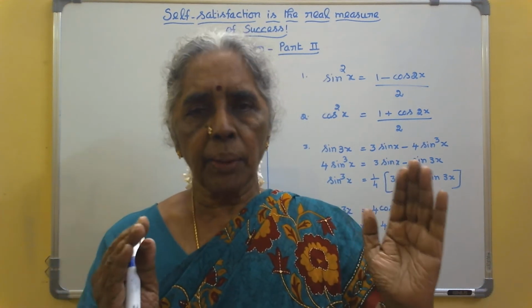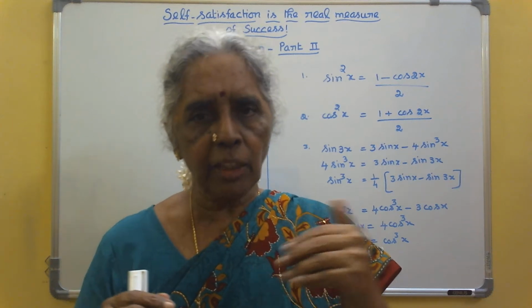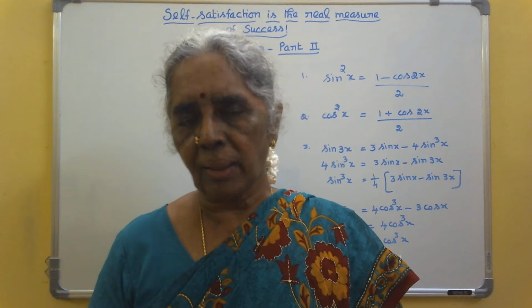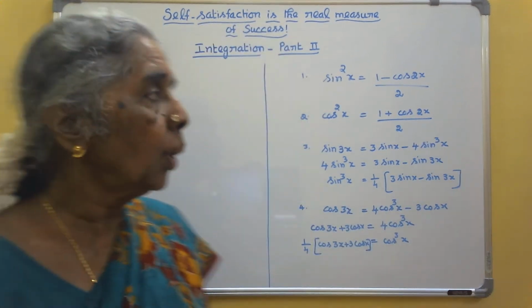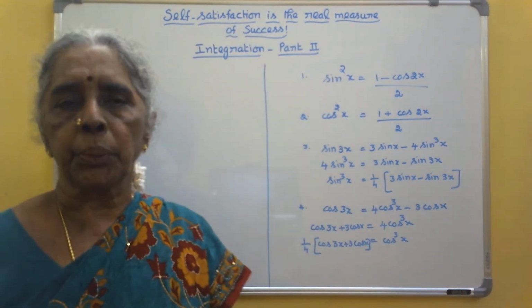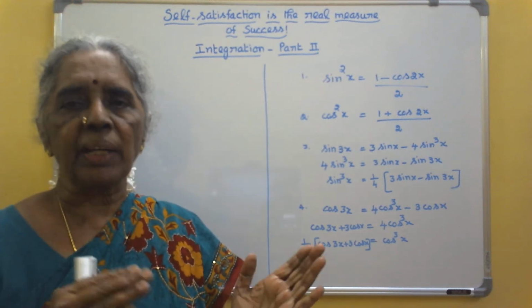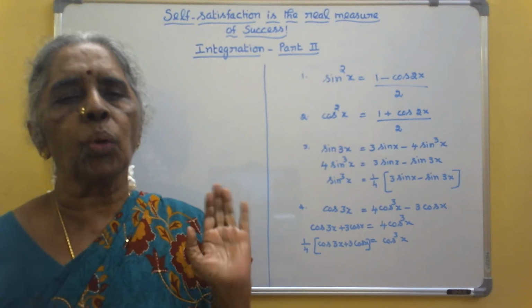So, for trigonometric things, there are some trigonometric formulae which we have to use, and then only we can integrate. First, I am giving you 4 important formulae you should know to deal with problems of type sin squared, cos squared, sin cube and cos cube.